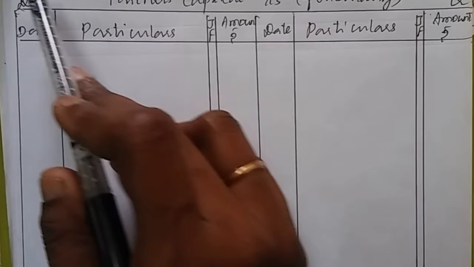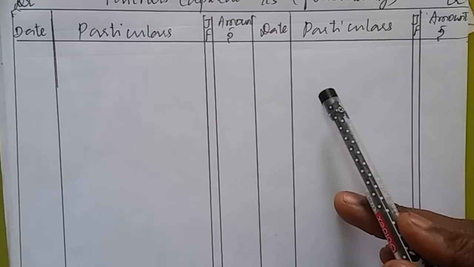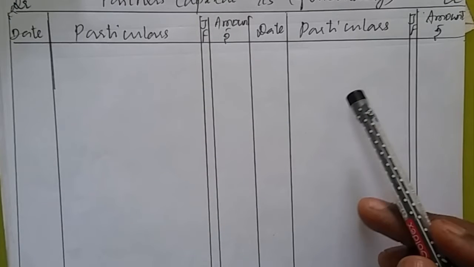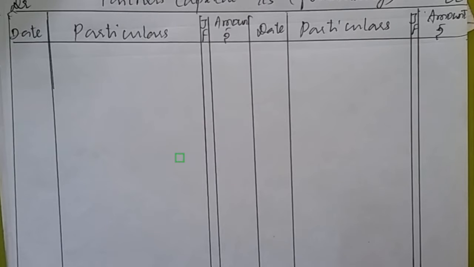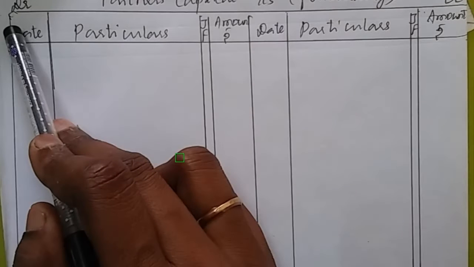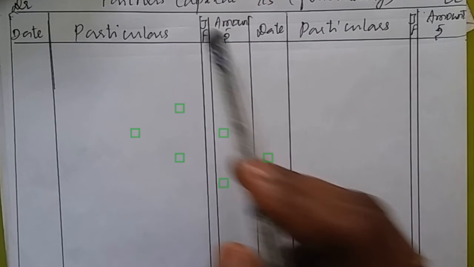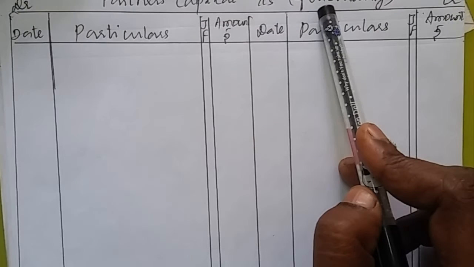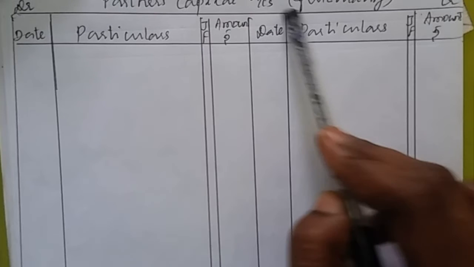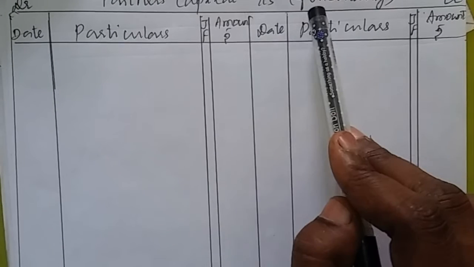So the pro forma of the partners' capital account we will discuss. This is the table I have drawn, and in this table we enter all the transactions. What is the heading I have given? Partners' capital account, fluctuating capital method.